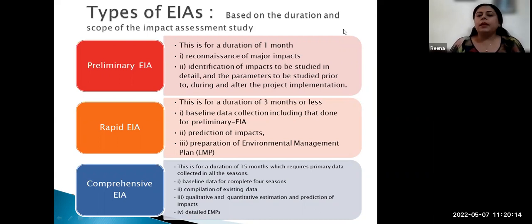Then there is rapid EIA, which requires 3-month study, baseline data collection, prediction of impacts, and preparation of EMP. And these activities are basically same in all the EIAs. The difference lies in the extent of time duration which is involved in each of these studies, and the kind of detailed data which is generated in these studies.